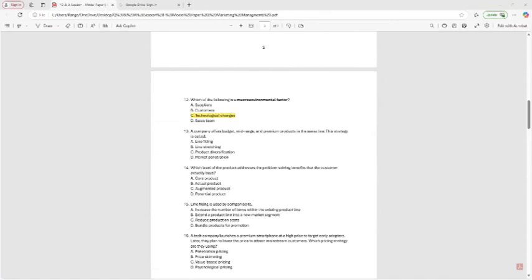Upward stretch means higher quality or more expensive products, that means premium products. Downward stretch means lower price products, that means budget products. So remember, the question says budget products and premium products. So both of them are there.